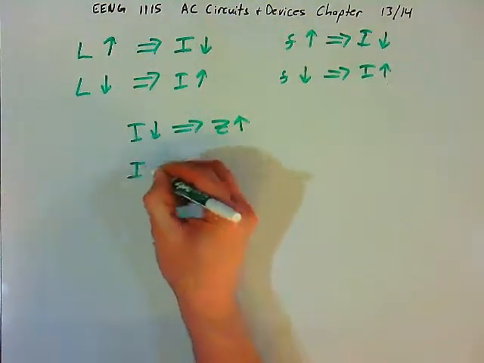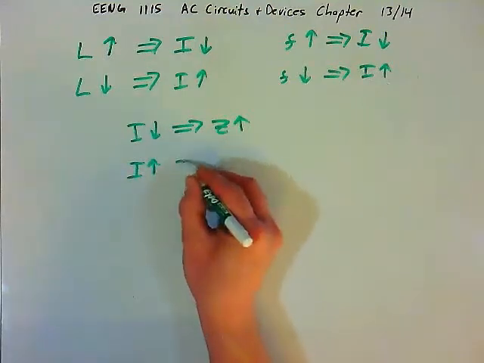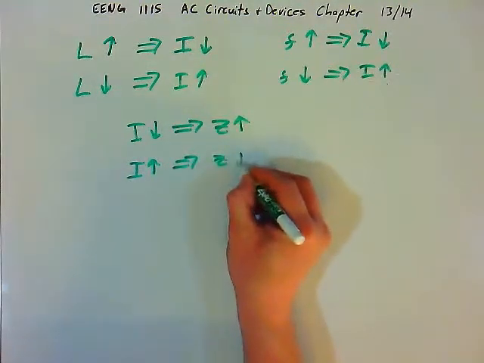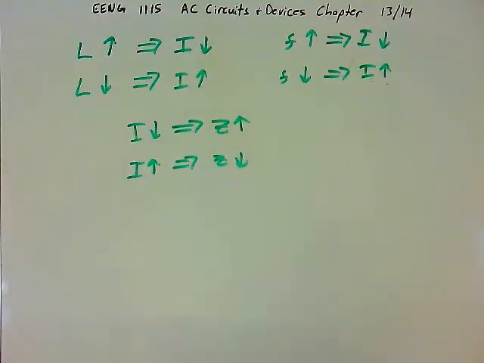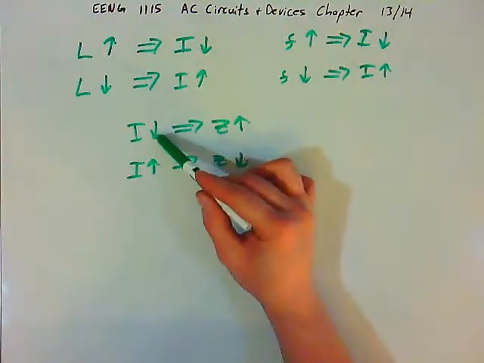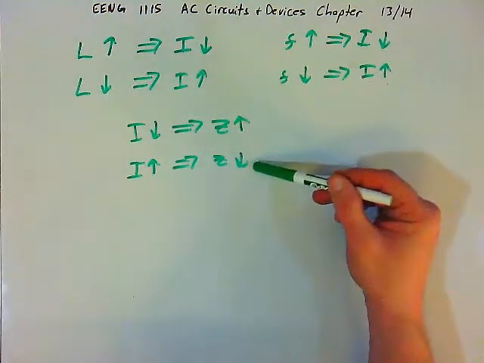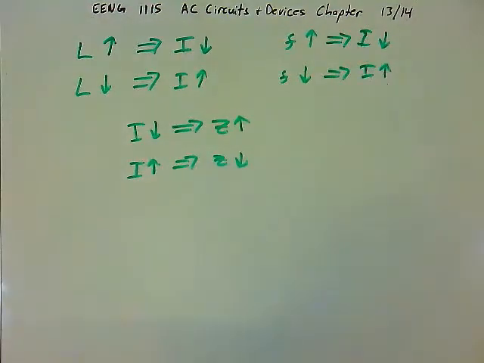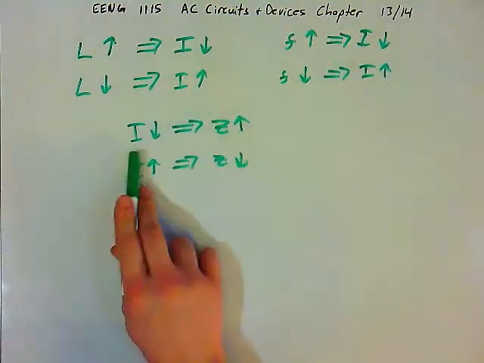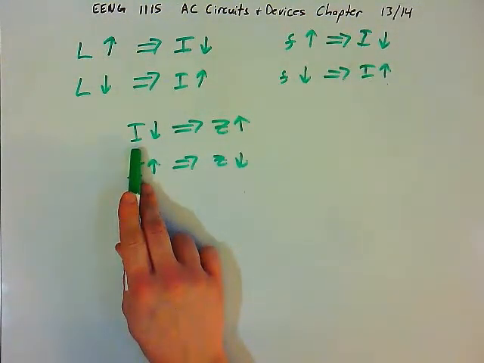And if the current is a high value, that must mean that the impedance is small, right? So just like in a DC circuit, if the resistance was large, the current would be small, and if the resistance was small, the current would be high. And so the impedance is inversely proportional to the inductance, right?